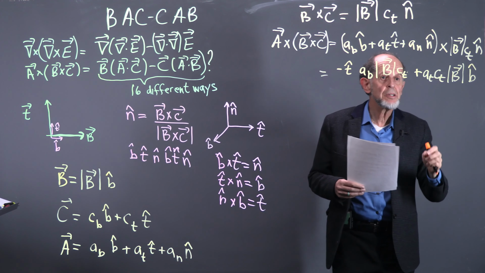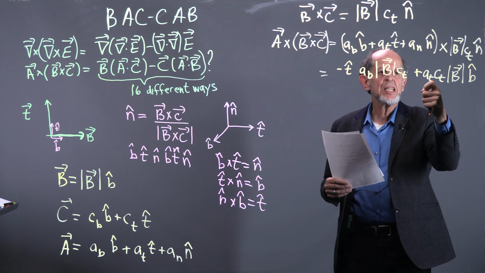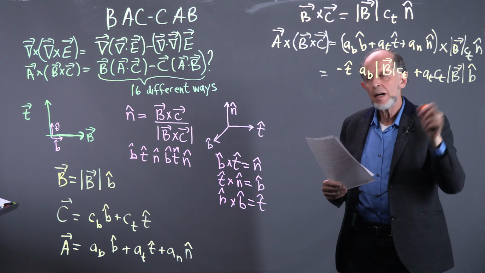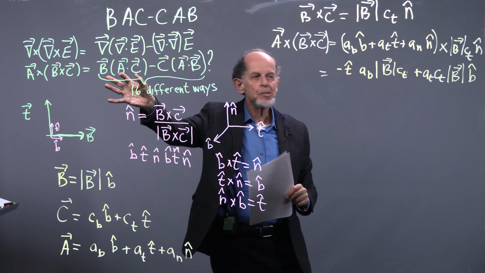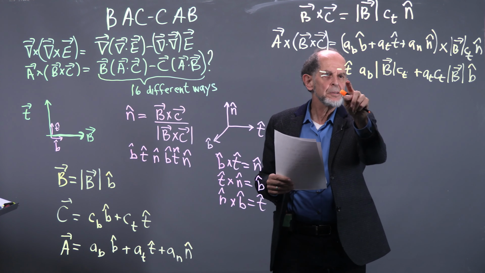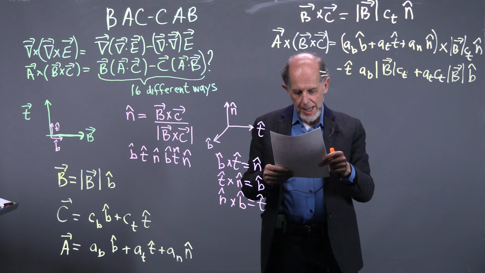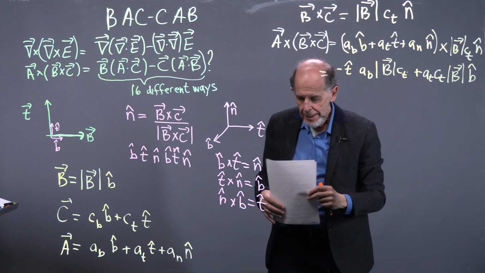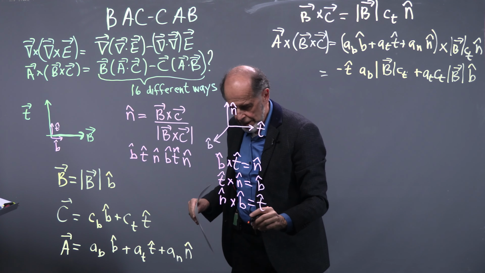Oh, look at this term here, ATCT. This term is B. So you think, oh, is this A dot C in front? Not quite. What we have to do is deal with this T hat term, negative T hat term. So to do that, I'll put it down here.